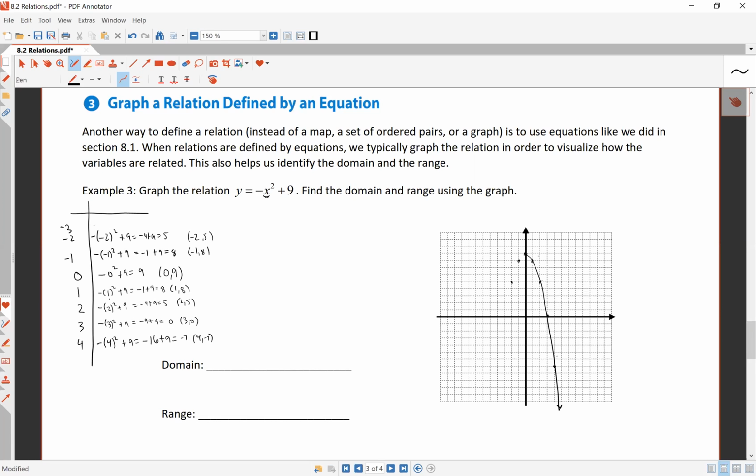And negative 3 squared is 9, and the opposite of 9 is negative 9 plus 9, which is 0. Negative 4, the opposite of negative 4 squared is negative 16 plus 9, which is negative 7.